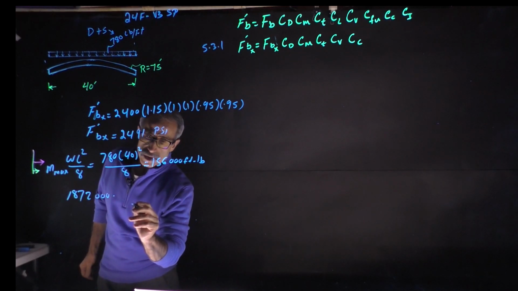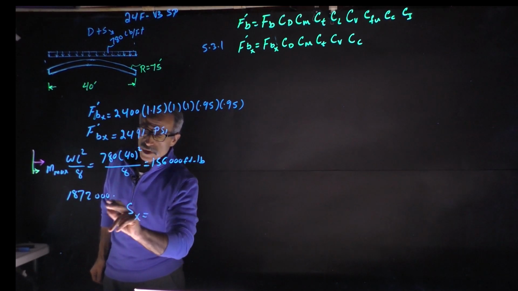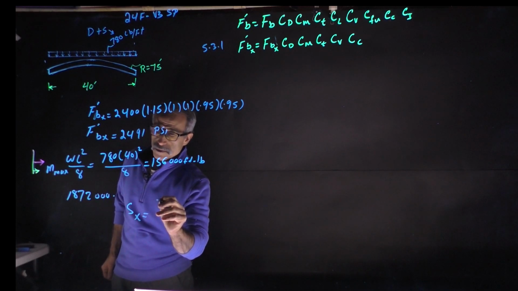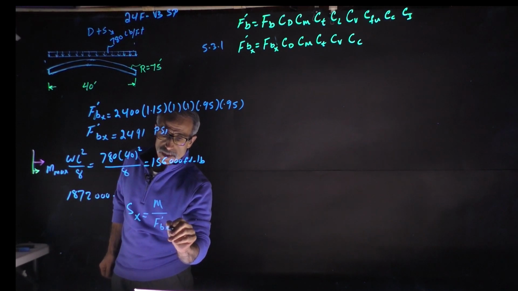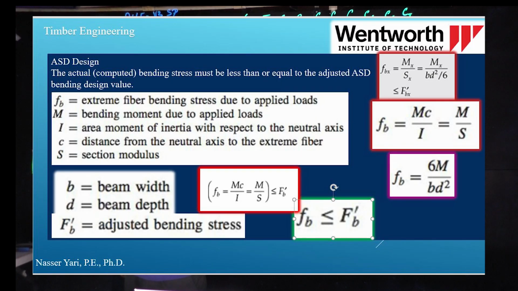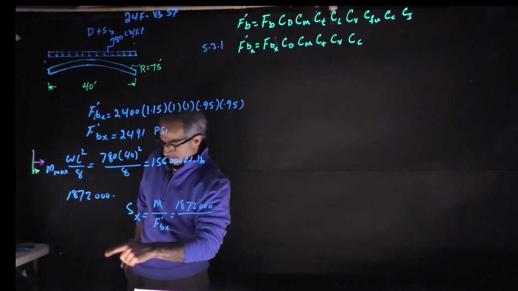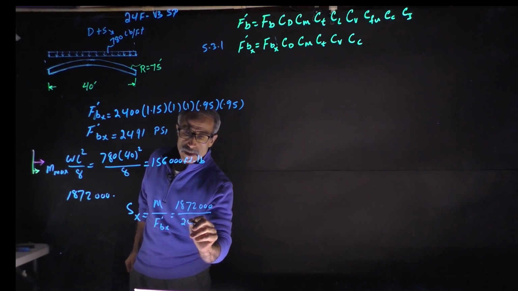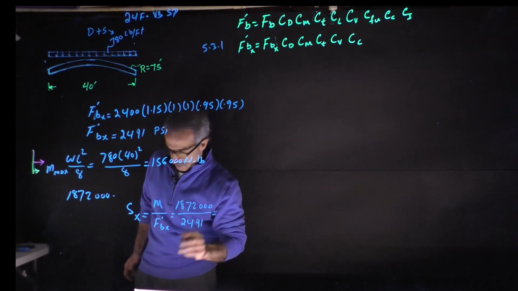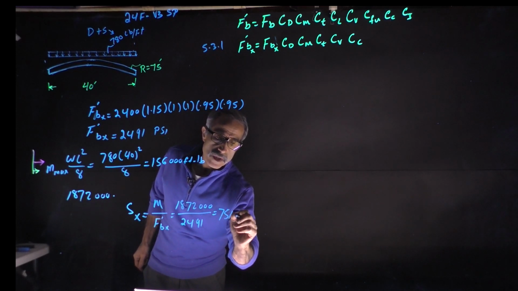So my section modulus comes out to the maximum moment, 1,872,000, divided by F prime BX, which is 2491, and I get 751 inches cubed.